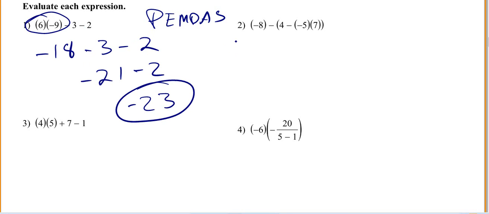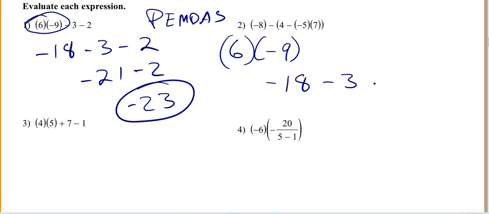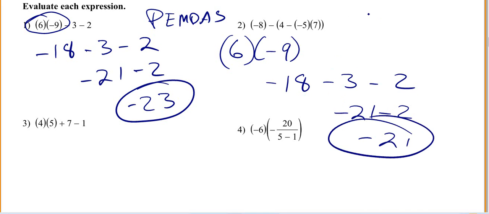So once again, we did 6 times the -9, got my -18. From this, I'm subtracting a 3, and I'm subtracting a 2. Remember, when you're subtracting like this, you just add your numbers together and you make it negative.